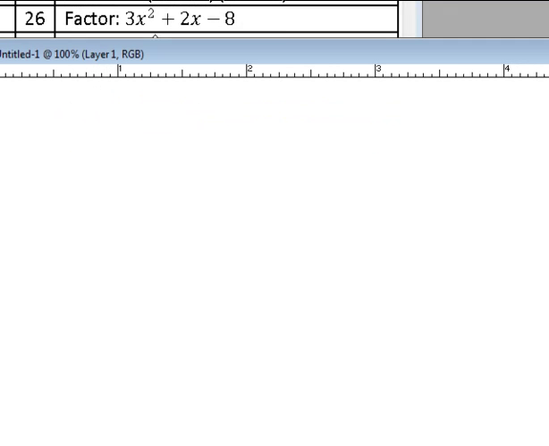In number 26, we're factoring a quadratic. So we're going to use what we call reverse FOIL. Let's put down our 2 sets of parentheses. Okay, now 3x squared can be factored as 3x times x, so that goes here. 3x times x will give us this x squared. And now here we have to put 2 things that multiply to minus 8.